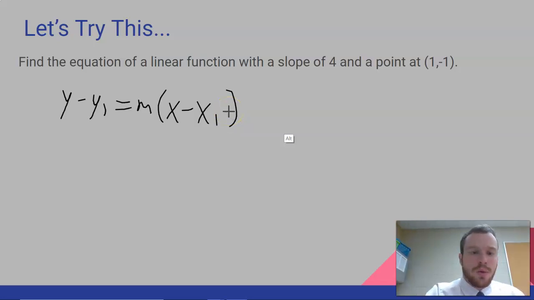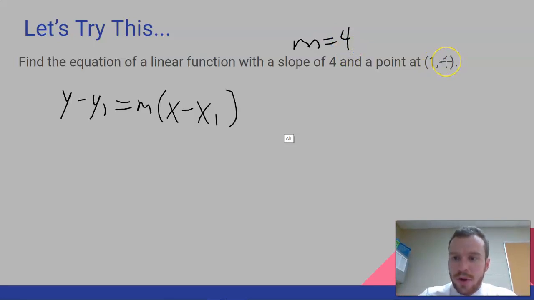So before I start, I'm going to say that the slope is m, so m equals 4, and the point is (1, -1) that we're going to use here. I'm going to say that the 1 in the x value is x1 and -1 is y1 because it's in the y spot.